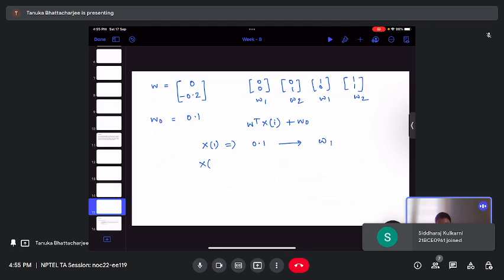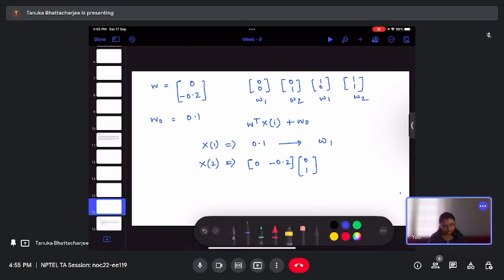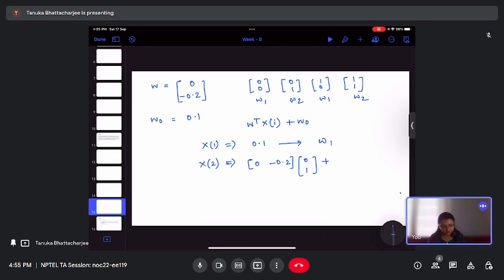Now you take x2. Here you will have 0 minus 0.2 into 0 1, plus W naught, which is 0.1. Okay. So finally you are getting minus 0.1. So you classify it in class omega 2. Then you go with x3.